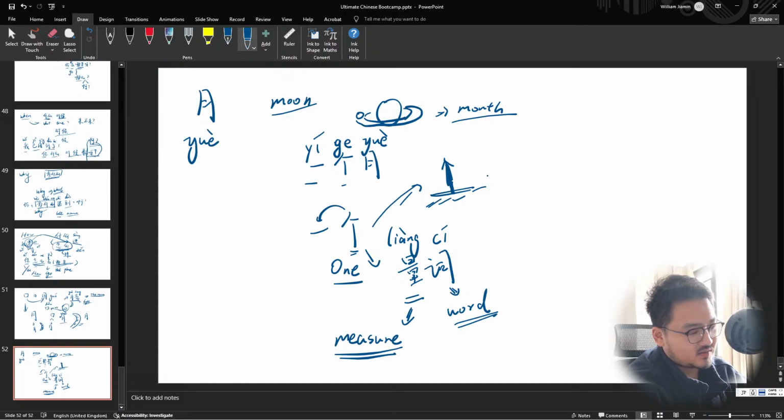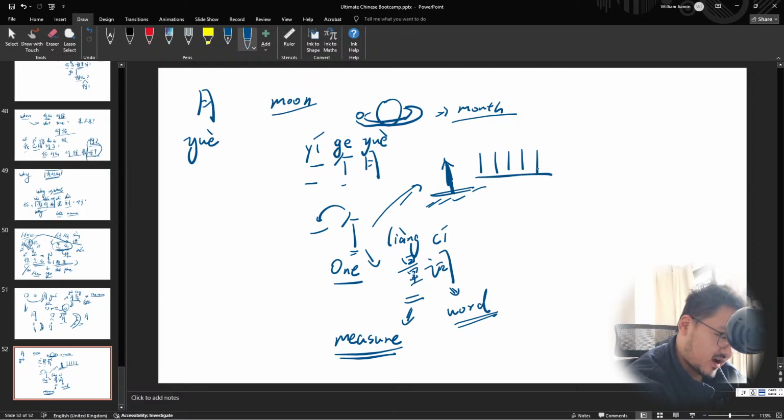Recently I've been teaching my boy mathematics, right? When I teach him how to count, it's like a lot of 竹竿 and then you count them. I think it's a very good example, because it's like a stick used to measure things.